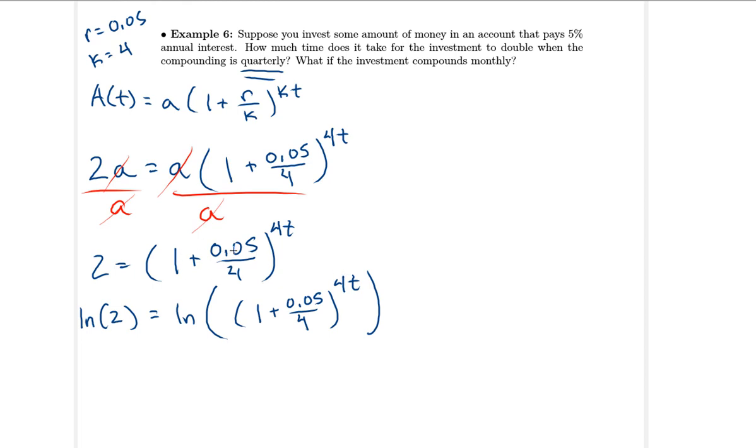Even though this base is kind of complicated, all of it is raised to the 4t, so I can use my power rule. So I have 4t times the natural log of (1 + 0.05/4).